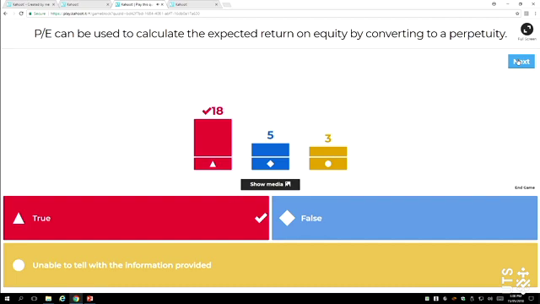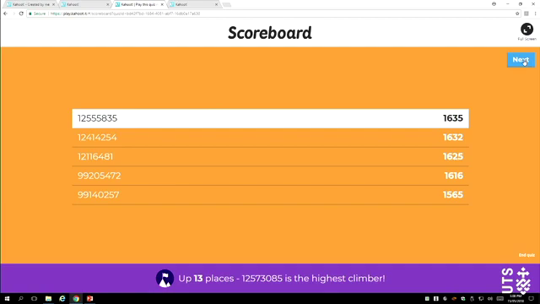Yeah, so this is what we did when we did 1 divided by the price earnings. When we do earnings divided by price, that is a proxy for expected return. And we also demonstrated last week how we can turn the price earnings into a perpetuity. Yep. Cool.